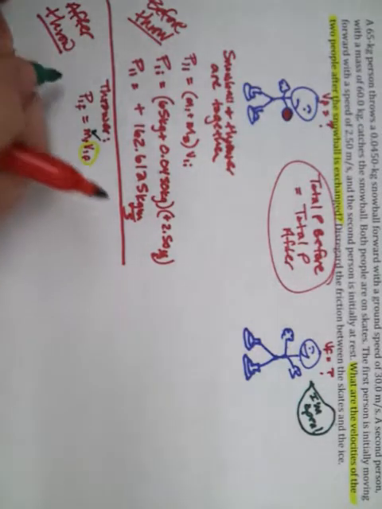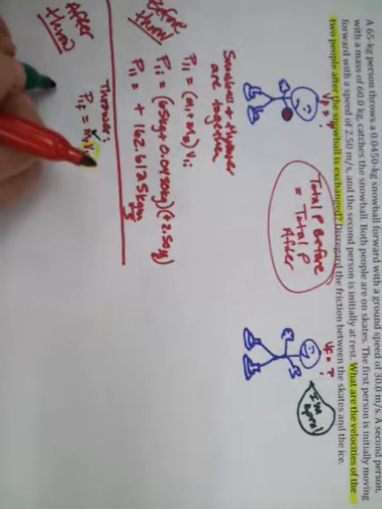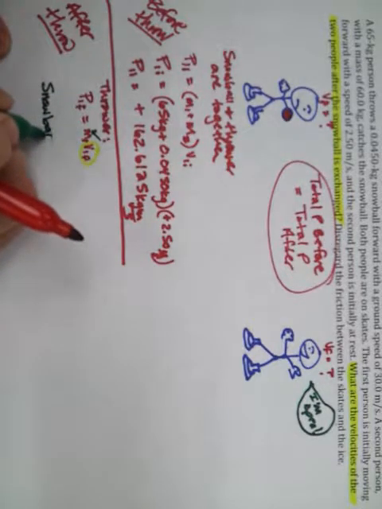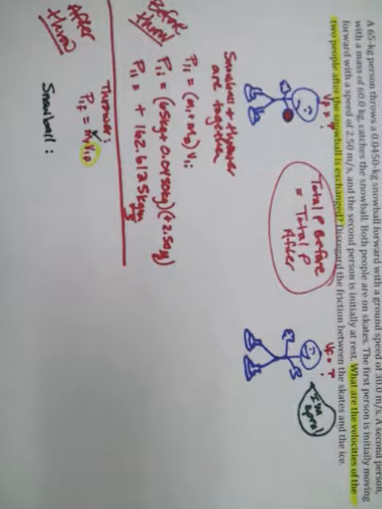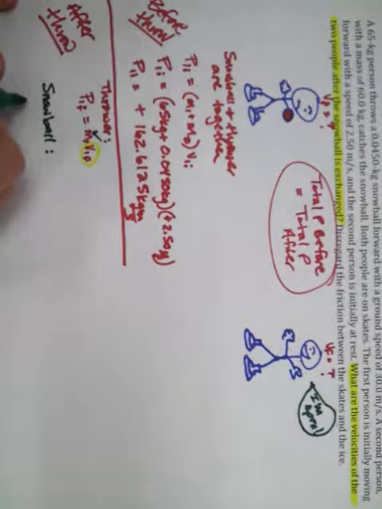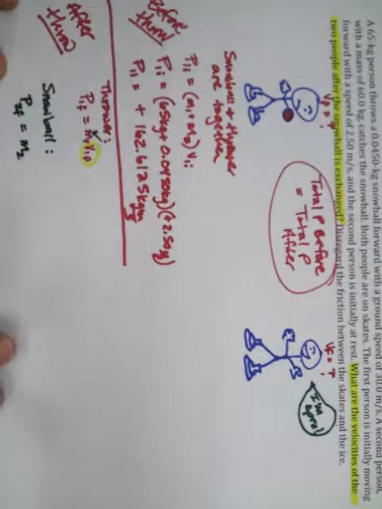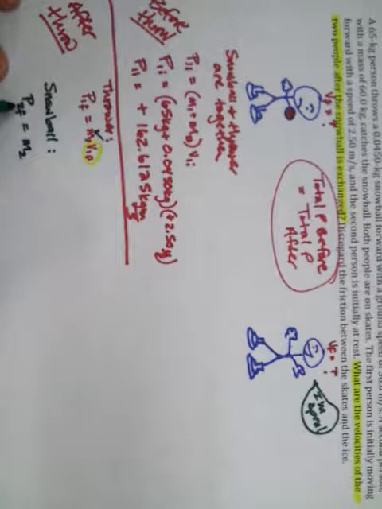So let's look at the snowball, and I'm going to do the snowball in a different color here. The snowball is also going to have momentum, and we can say that it is P2F equals M2, because they have different individual momenta. So I'm labeling this as a 2, the snowball final.